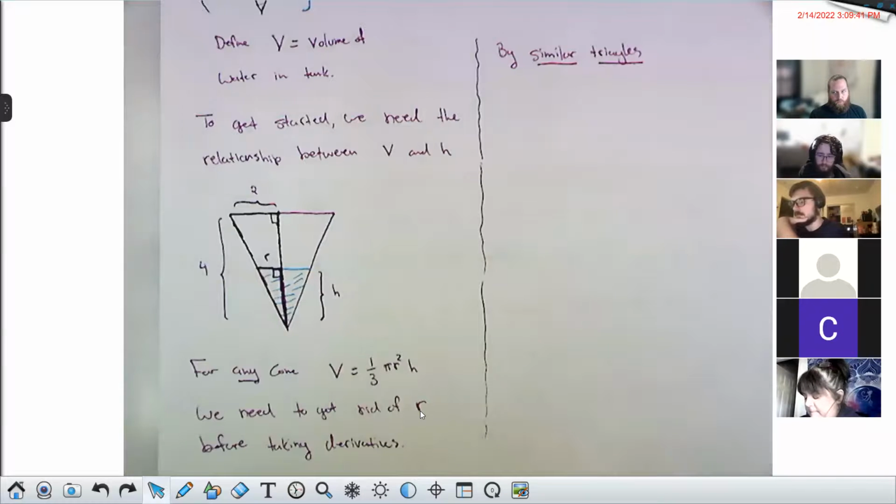Two triangles are similar if they share the same angles, which automatically is true if they share two, because triangles only have three angles, and they have the same ratios of side lengths, meaning the opposite over the hypotenuse for one triangle will be the same as the opposite over the hypotenuse for the other triangle.